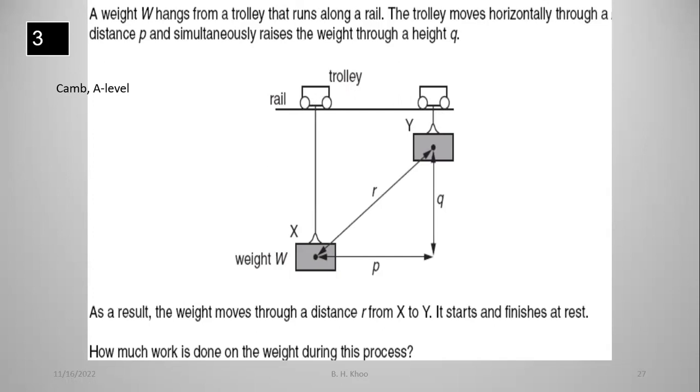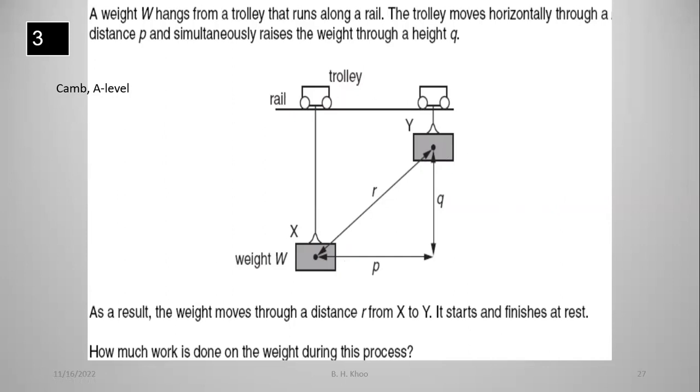The trolley moves horizontally through a distance P, and simultaneously raises the weight to a height Q. As a result, the weight moved through a distance R. That's the distance moved from X to Y. It starts and finishes at rest, stationary.